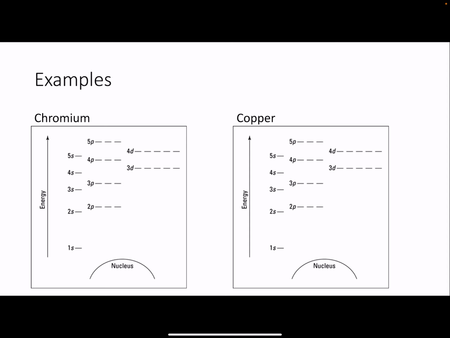So we'll look at two examples here. We've got chromium, which is Cr, and it has 24 electrons, and copper, which is Cu, has 29 electrons.